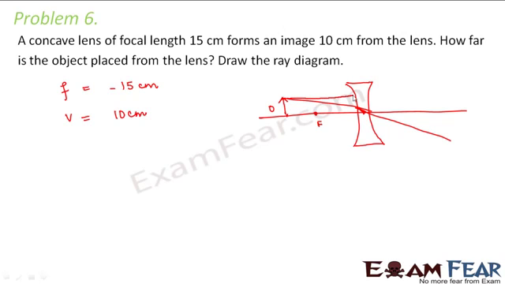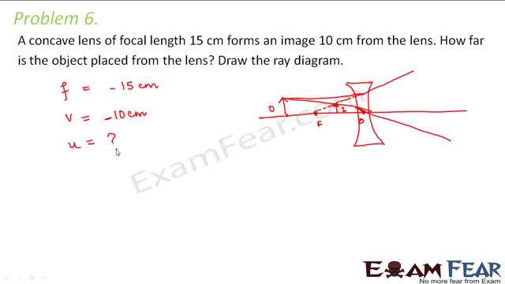Another ray of light parallel to the principal axis gets diverged after refraction. When it is joined back, both meet at this point and this is the image formed. Right? So in this case, my image is formed at this point. V is also negative because it is on the left hand side compared to the optical center.